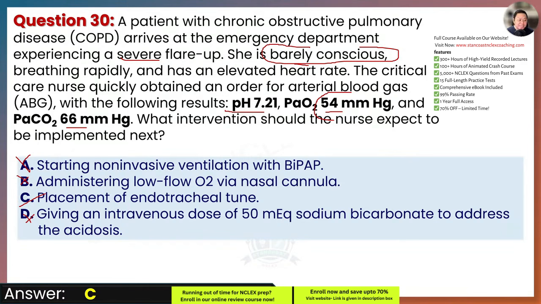What about letter D? Giving an intravenous dose of 50 milliequivalent sodium bicarbonate to address the acidosis. We know that sodium bicarb is sometimes used in metabolic acidosis when the pH is very low, less than 7.1 or below. However, in this case, the acidosis is respiratory in nature, not metabolic. So this is not going to help correct the issue.